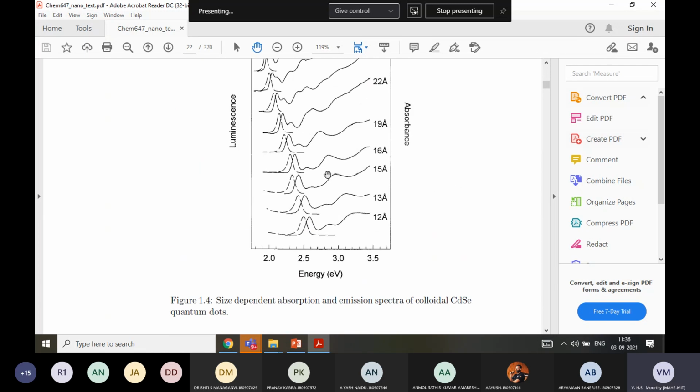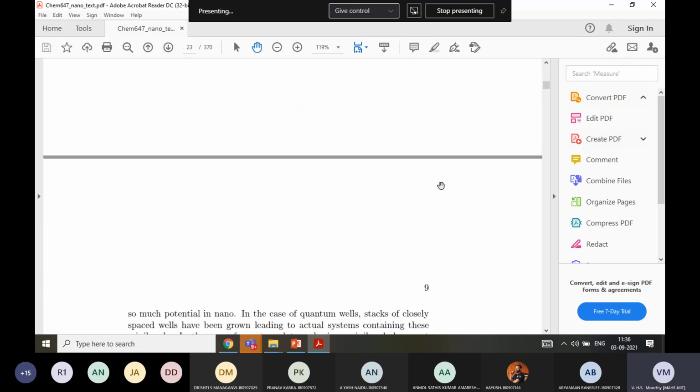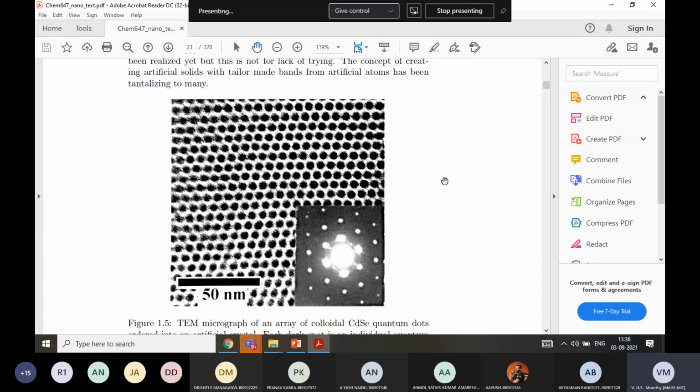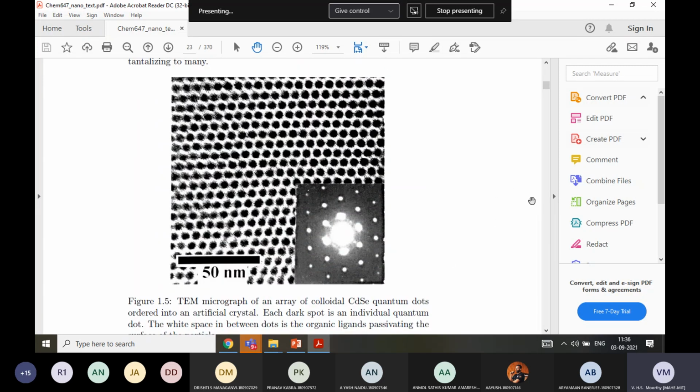I won't go into more, because these things are not necessary for you. I have shown this TEM. One important thing: transmission electron microscopy, which we will be discussing in the coming few classes, is the most important technique wherein we can get the crystal structure, because it is a transmission electron microscopy, meaning a crystal structure aspect.